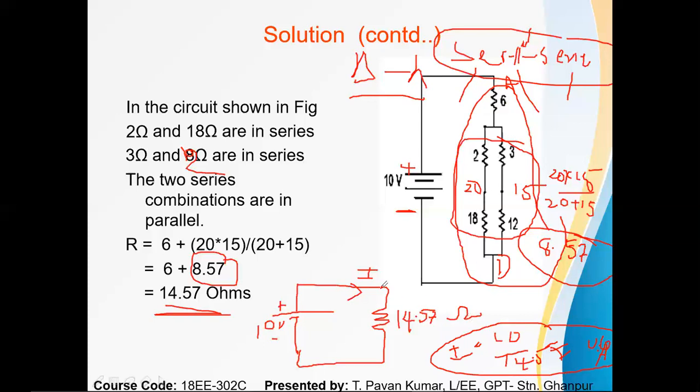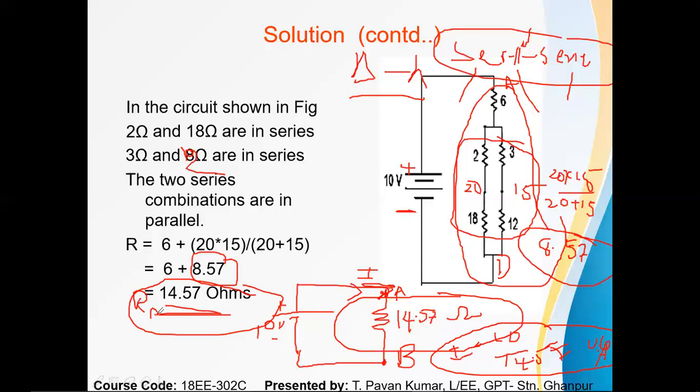If he has not asked for any current, and just asks only for the equivalent resistance between the battery terminals, just like A and B, you can find that value like this. But whatever he is asking, finally you need to represent the values in your final circuit. You should not leave it by writing 14.57 ohms across A and D. Don't leave it like this.